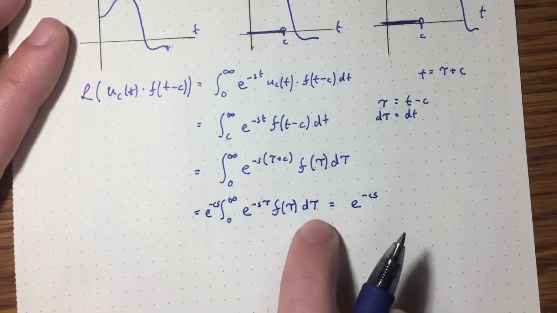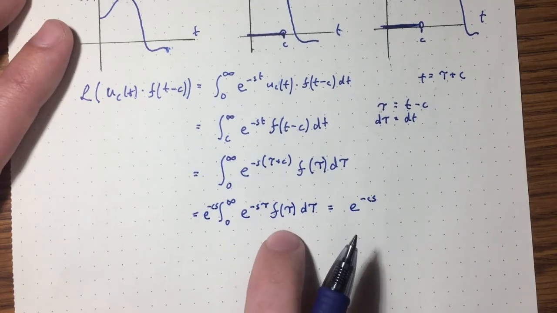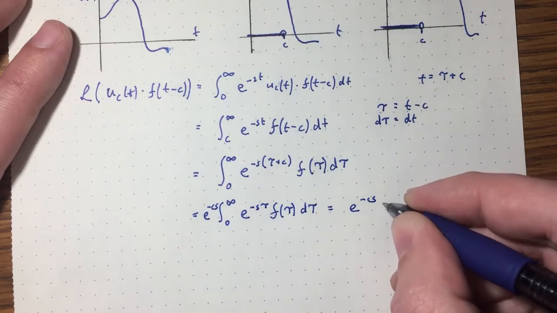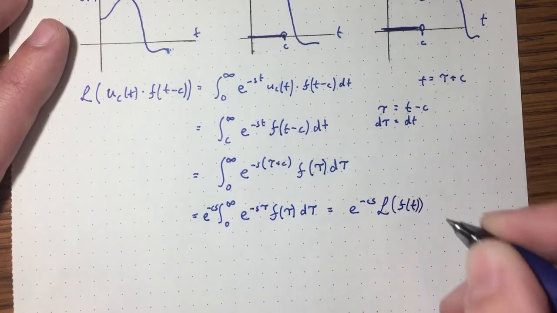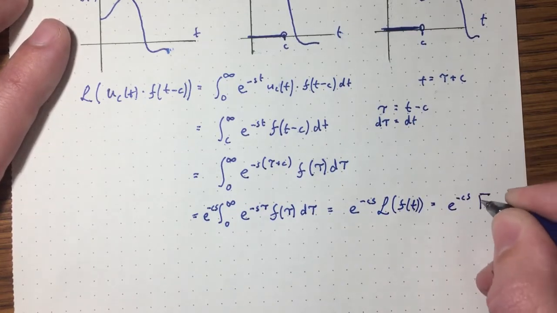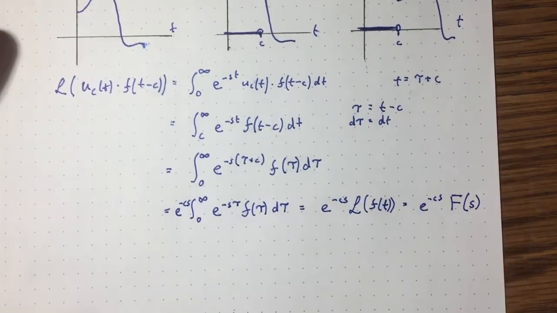Again, we can recognize this as a Laplace transform. It's the Laplace transform of the function f. We've also written that as capital F of s, right? Capital F of s meaning the Laplace transform of f of t.